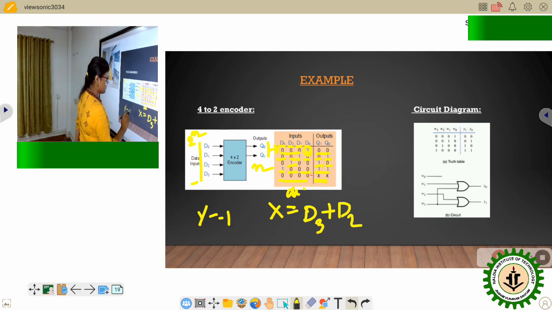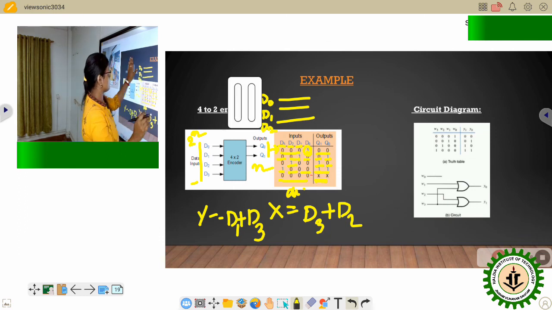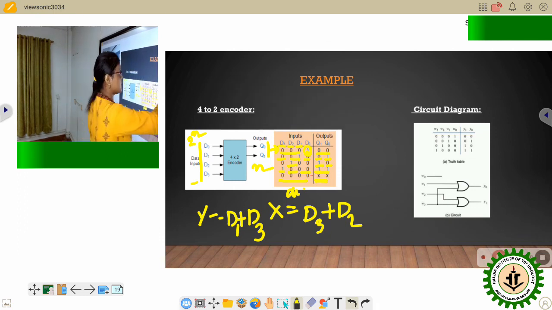Suppose D0, D1, D2. Here I am drawing D0, D1, D2 and D3.